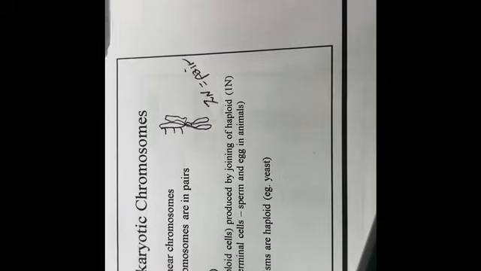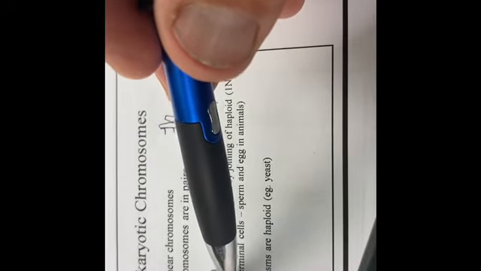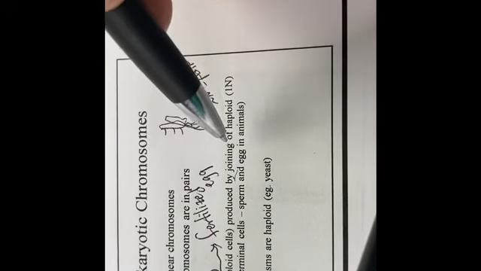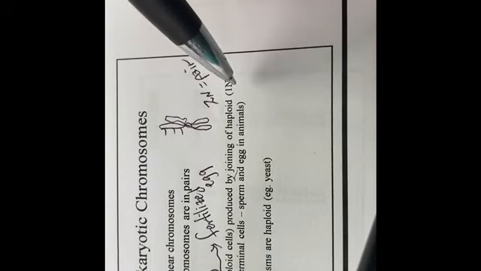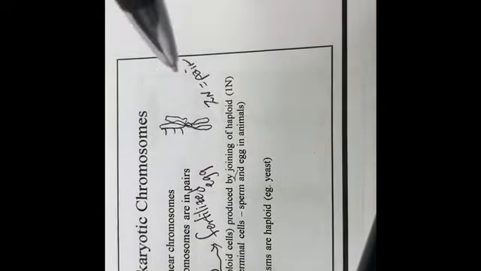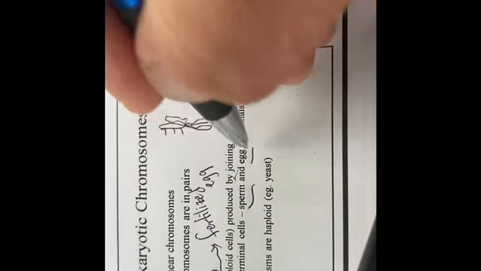Your zygote, or your fertilized egg, is produced by joining a one-n gamete, so that would be a sperm and an egg.